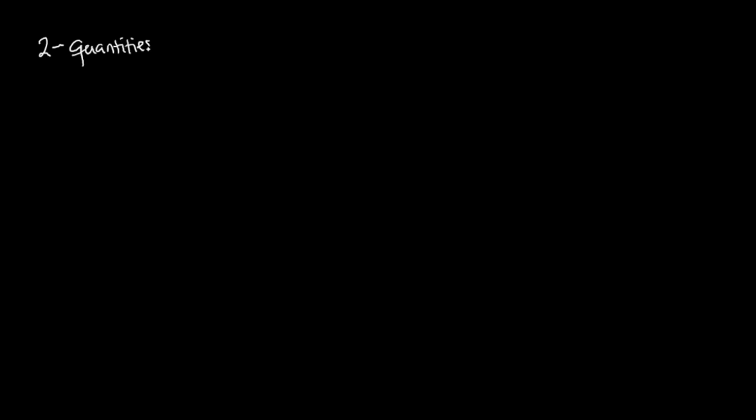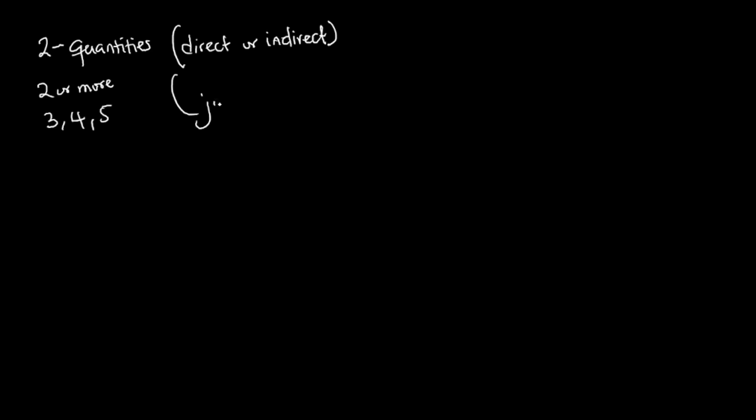Two quantities. Okay? And these types of variations, we say they are either direct or indirect. Now, in a situation where you have two or more, for instance maybe three, four, or five quantities, this type of variation now becomes a joint variation.